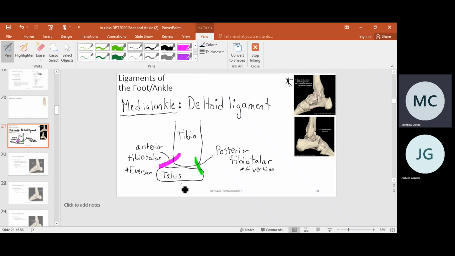So if we say this is my calcaneus down here, I'm going to have a tibial calcaneal ligament. It's really random.